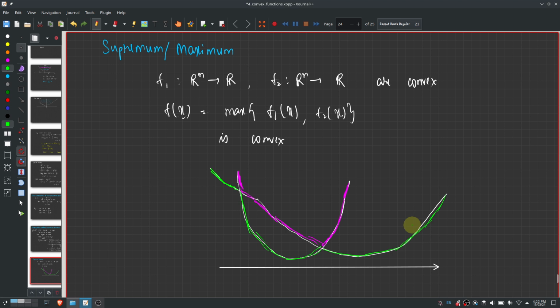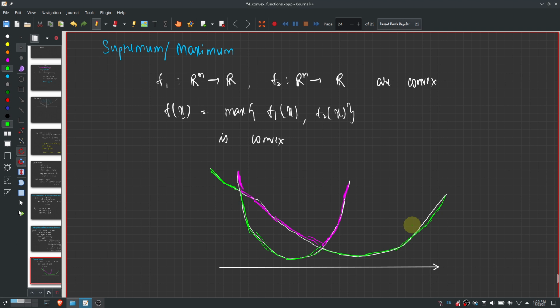Both the two curves, f1 and f2, were convex. The pink curve looks convex, but what can you say about the green curve? It's neither convex nor concave. So in general, if f1 and f2 are both convex, then the minimum of those two functions need not be convex or concave.